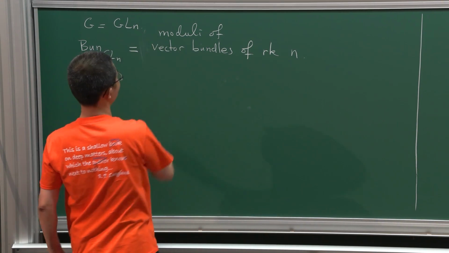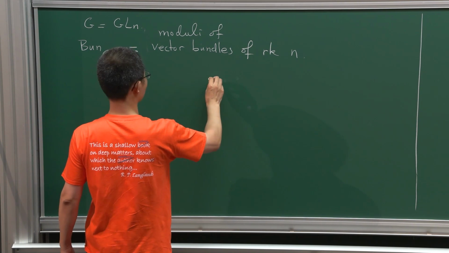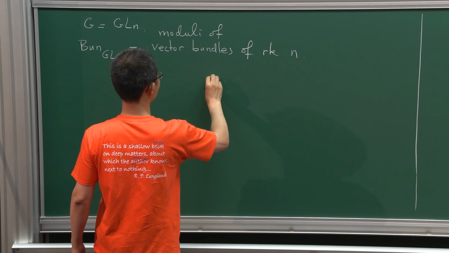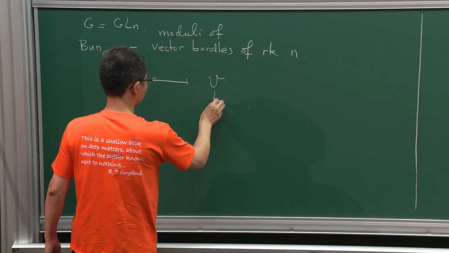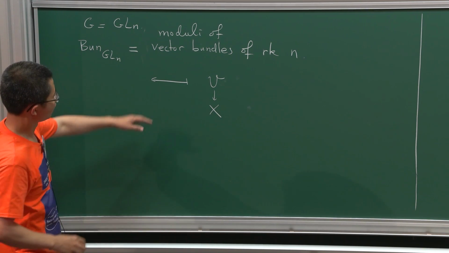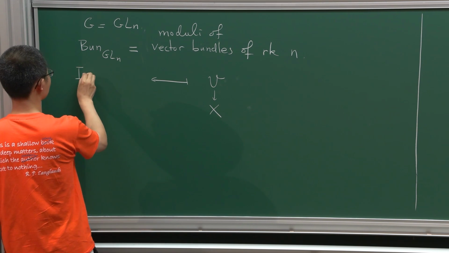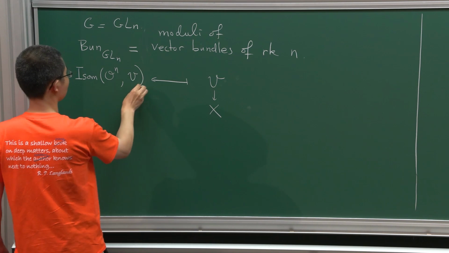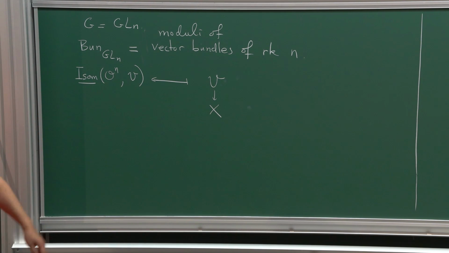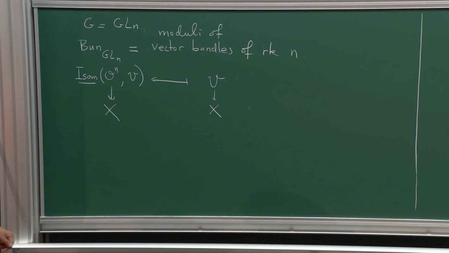Okay, so the dictionary works. So we have a vector bundle, say over X. Then you take the frame bundle. The frame bundle is just isomorphisms between the trivial bundle, local isomorphisms between the trivial bundle and your bundle. This sheafifies over X and becomes a principal bundle for GL_n.